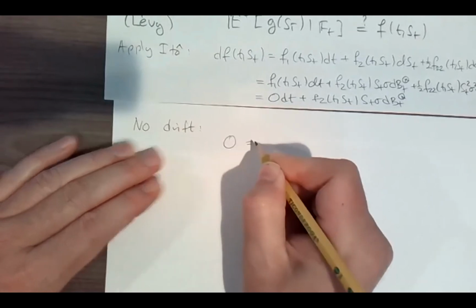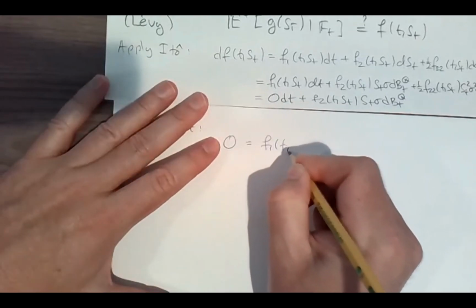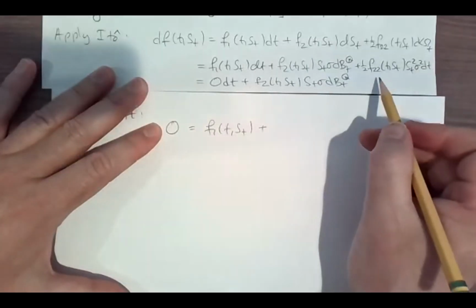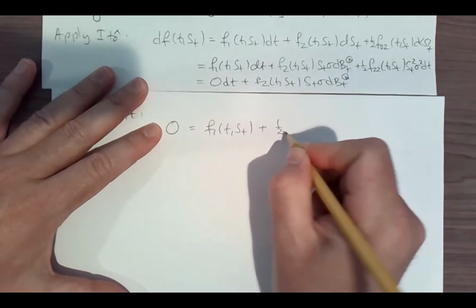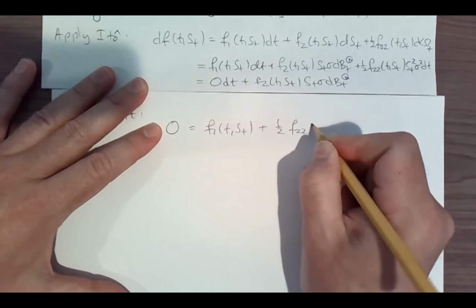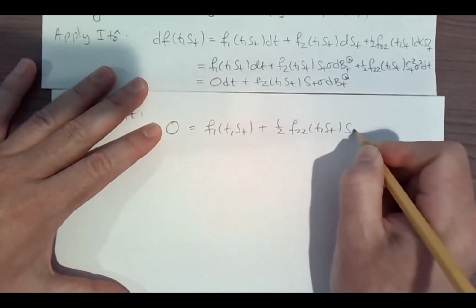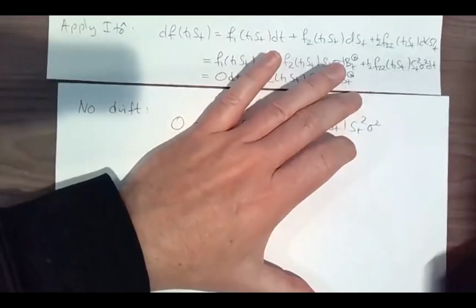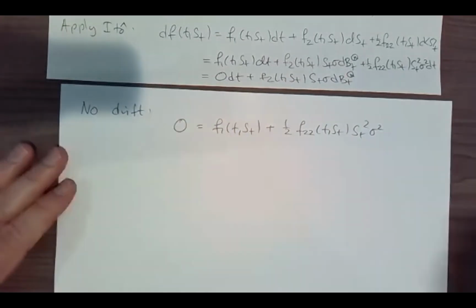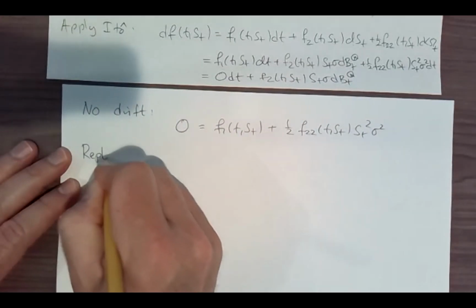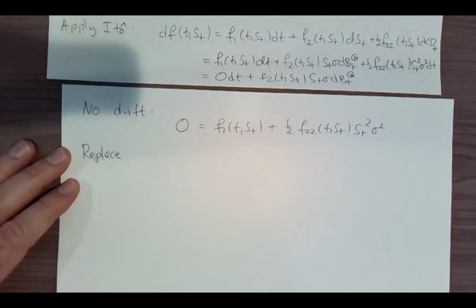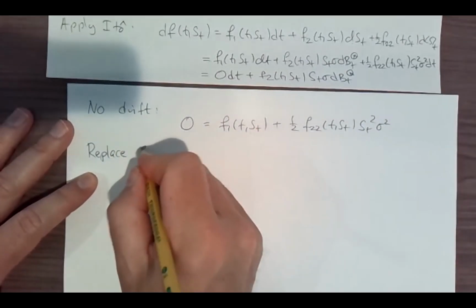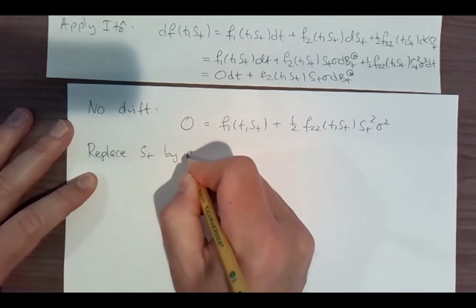So you need 0 is equal to F1(t, S_t). That was one term in the drift, and the other term was over here, 1/2 F22(t, S_t) S_t squared sigma squared. So we're almost at the PDE, but now replace S by a dummy.